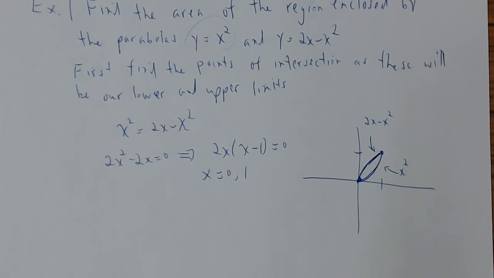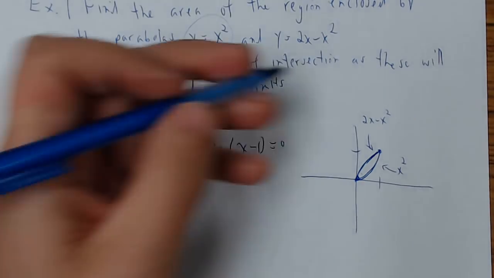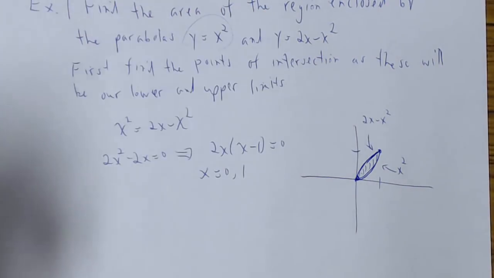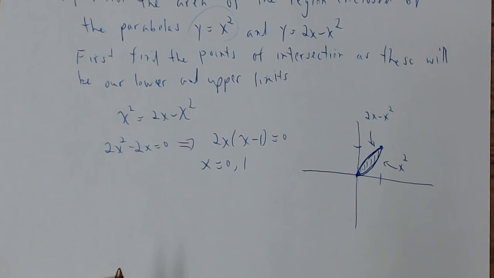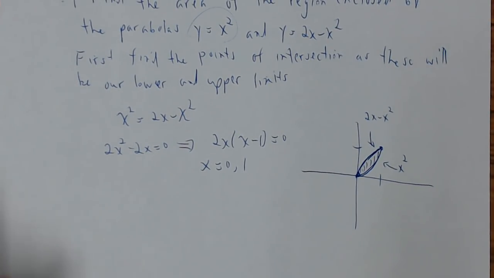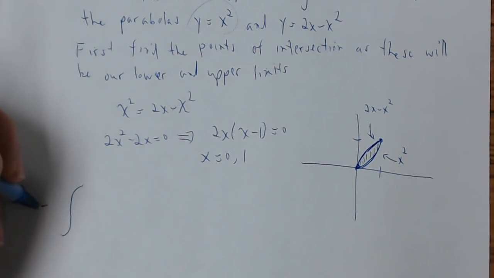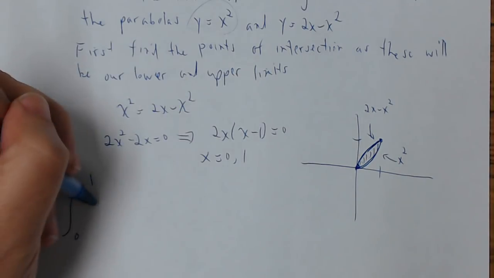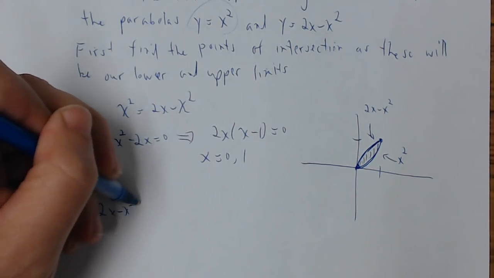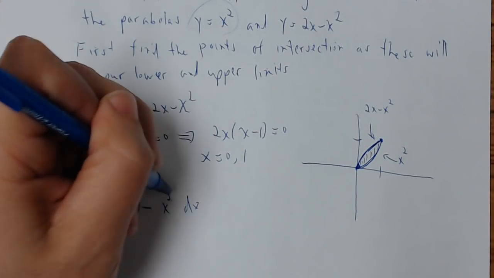Once we know which curve is on top, and those are the only 2 points where they intersect each other, I know that they'll never re-intersect, so I don't have to worry about that. So now the area between the curves is the integral from 0 to 1 of the curve on top, which is 2x minus x squared, minus the curve on the bottom, which is x squared, dx.